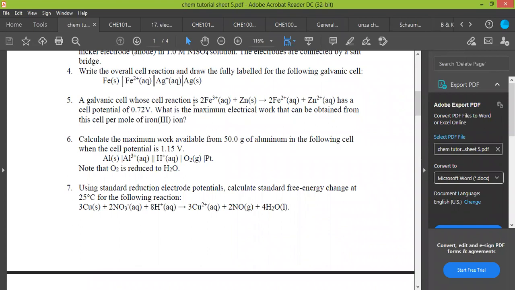Actually, most of the time you are to use 96,485. Not 500. So 96,485 there is what you're going to use as your Faraday constant. And then the electrode potential of the cell has been given in the question as 0.72.